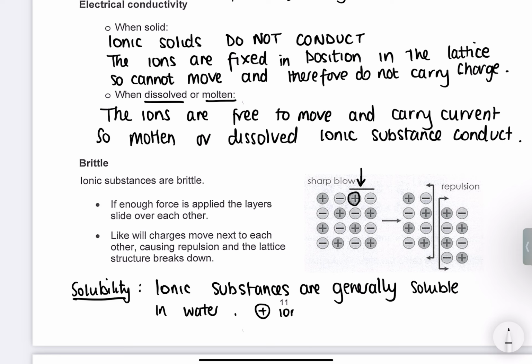Positive ions attract delta minus oxygen in H2O. Negative ions attract the delta plus hydrogen in H2O.